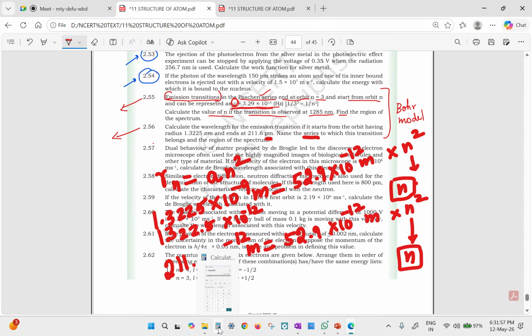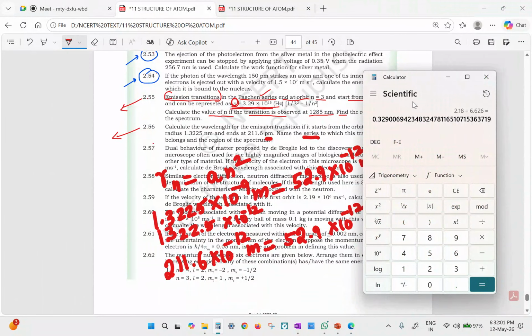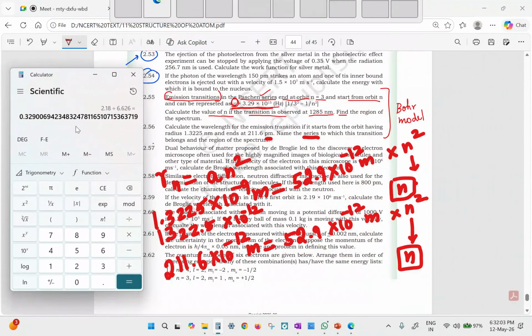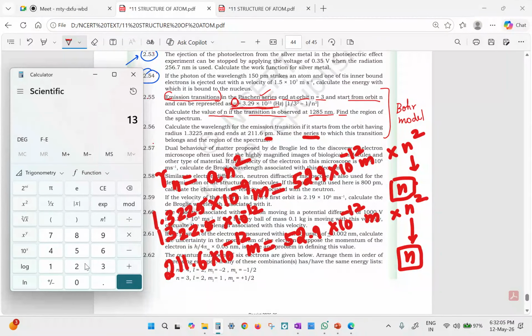I'm going to shift and calculate. Okay. So the lower value will indicate the series. So 1322.5 divided by 52.9, because 10 to the power minus 12 will be cancelled. It's 25. So what will be n value correspondingly, children?